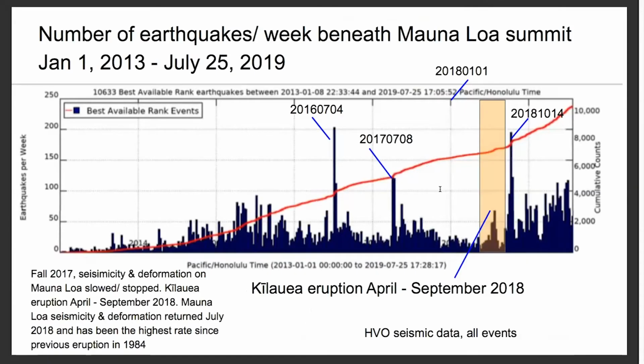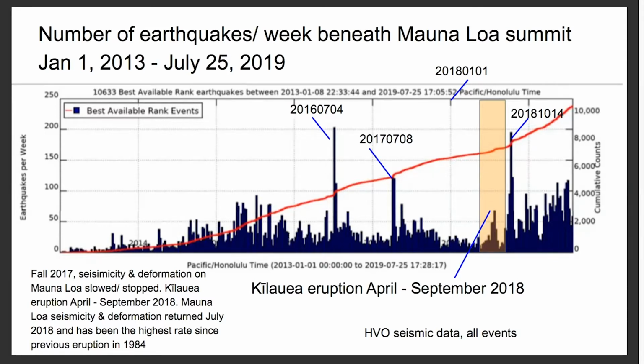So this is a plot of earthquakes since 2013. On the far left, if you're looking, is January 1st, 2013, and the end is present time. This is earthquakes in the summit area of Mauna Loa, basically that same area that was shown in the previous figure.